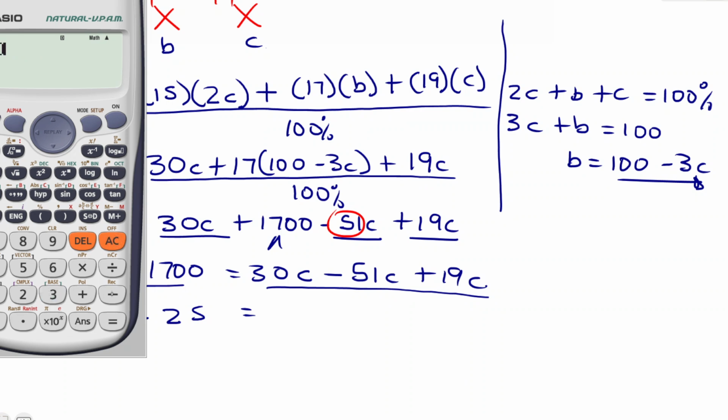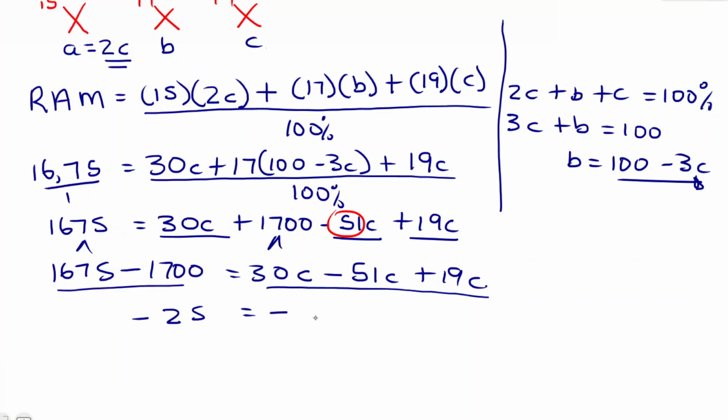We have 30 minus 51 plus 19. Yes, that's negative 2C. We are looking for C now, so we divide by negative 2 on both sides. That means C equals 25 divided by 2, that's 12.5.